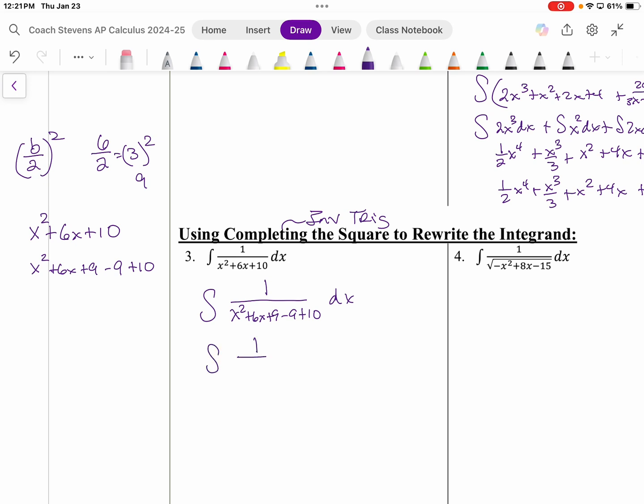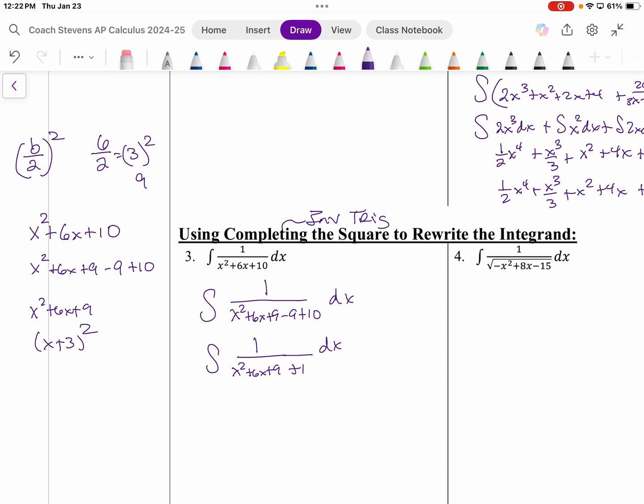This is the integral of 1 over x squared plus 6x plus 9 plus 1 dx. Now, we created a perfect square trinomial with the x squared plus 6x plus 9. That is technically x plus 3 quantity squared.